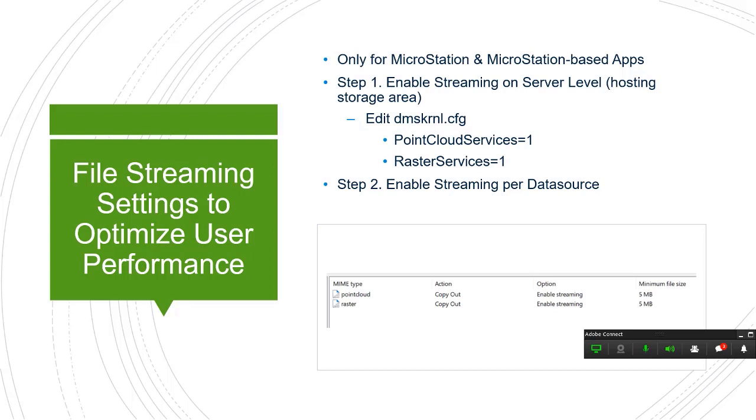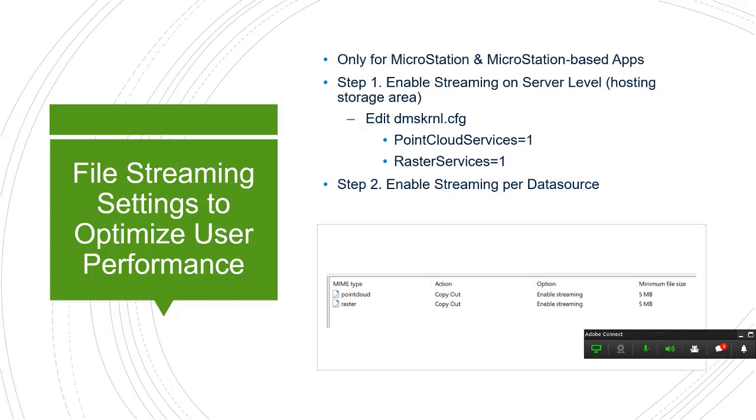In that case, we don't have to download the whole file, the whole gigabytes of data, across the network. So within your organization, if you do have this use case, with a lot of users working from home who still need to work on the point cloud or reference the raster images, I would recommend you consider adopting this option.